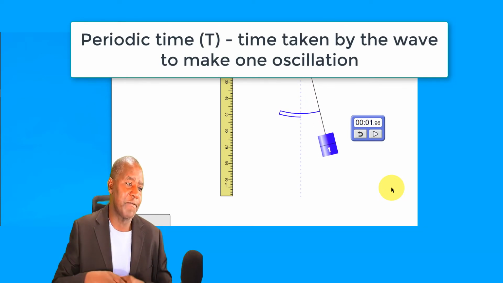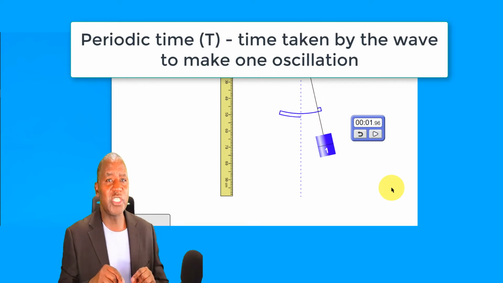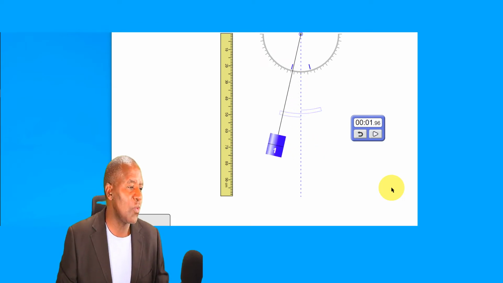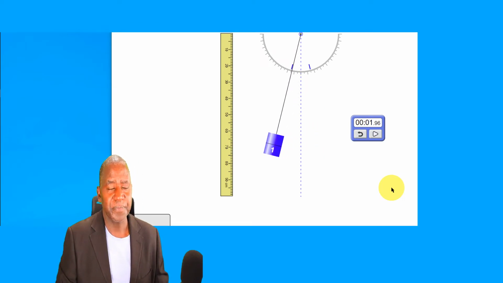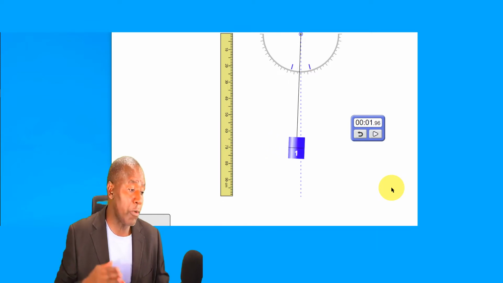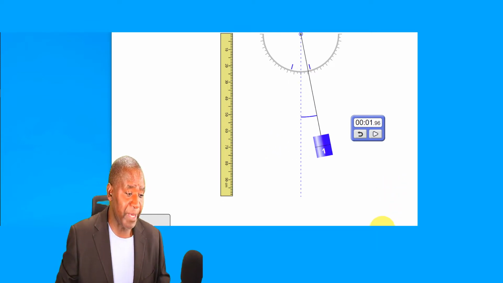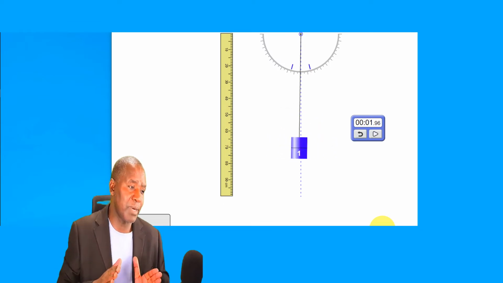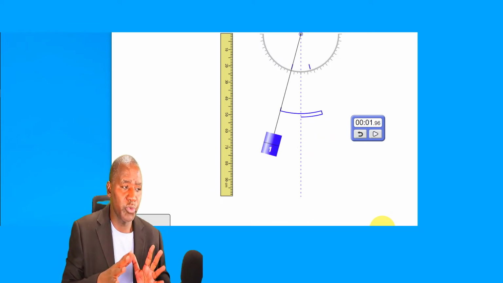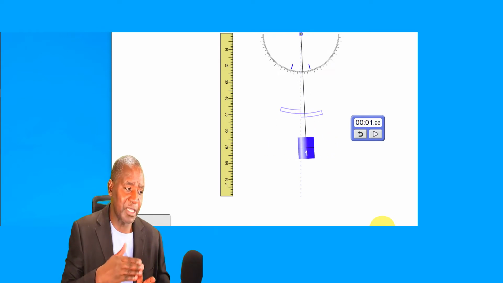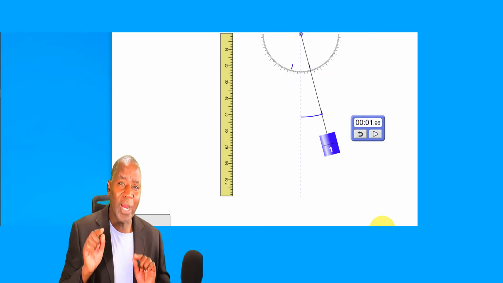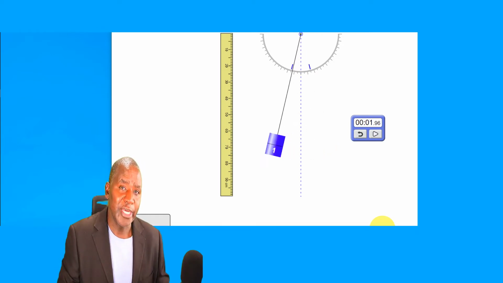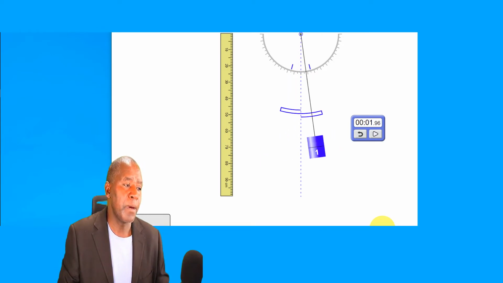Now let's look at the fourth characteristic, which is frequency. So in 1 second, how many oscillations does this pendulum make? Now I've gone back to the normal situation where we've got the pendulum, and this is the way it swings. In 1 second, how many oscillations does that bulb make?